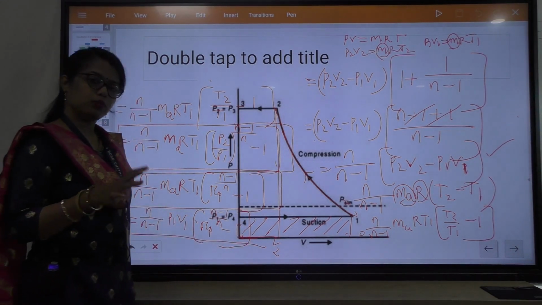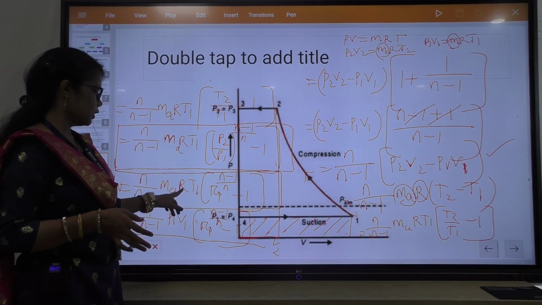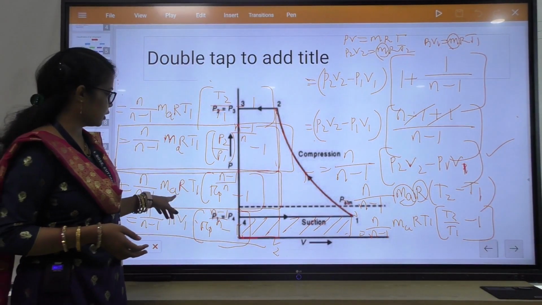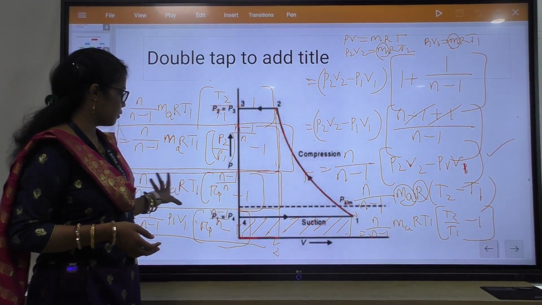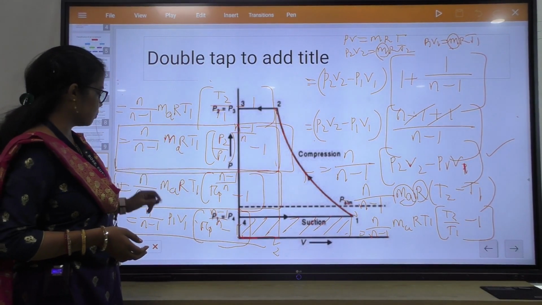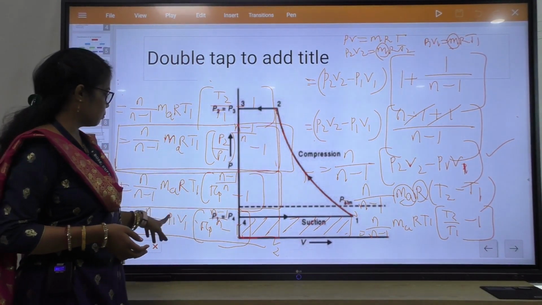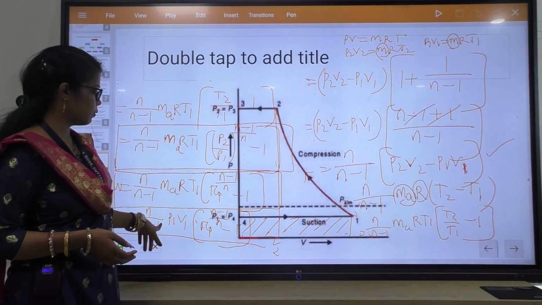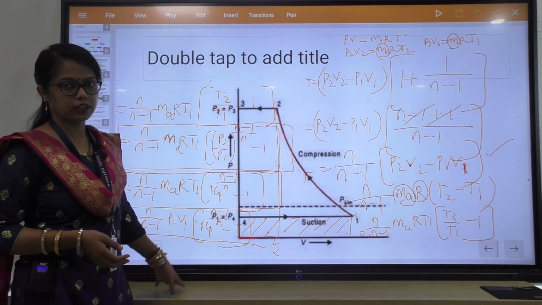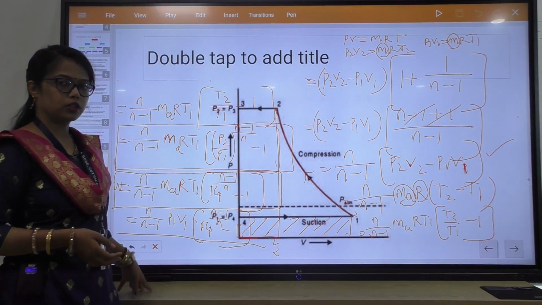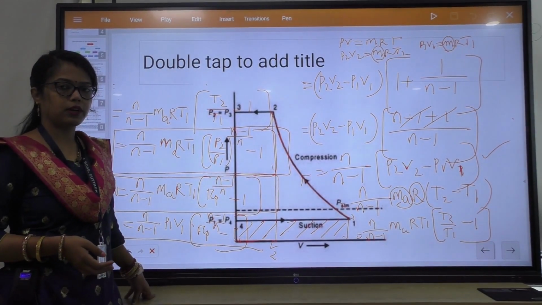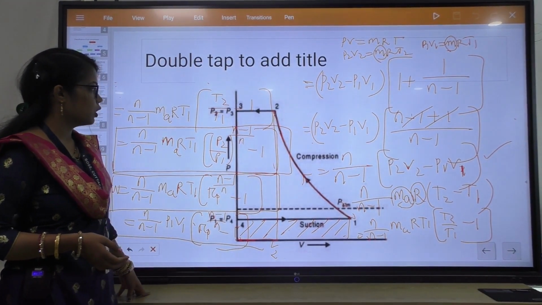That means in the problem, if the initial temperature and mass are given, and we take the R value for air, and the RP value is given, you can find the total work done for the air compressor. And suppose the initial volume, initial pressure and pressure ratio are given, then also you can calculate the work done for the air compressor. So, these are the multiple formulas to find the work done value for the air compressor.